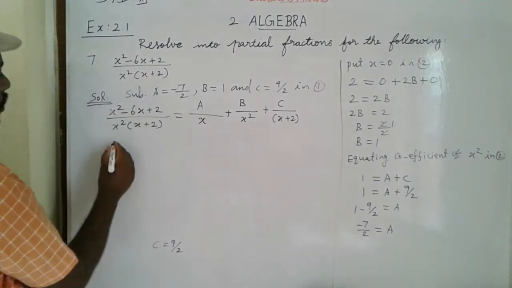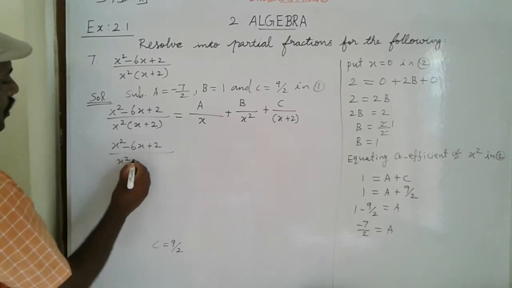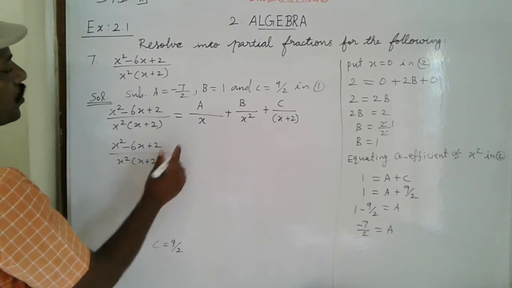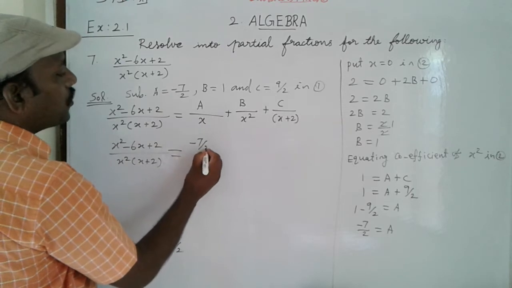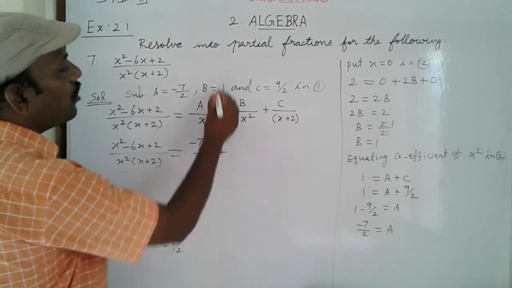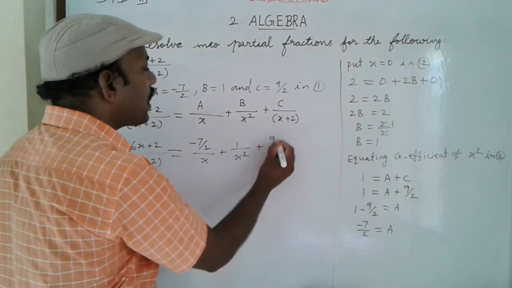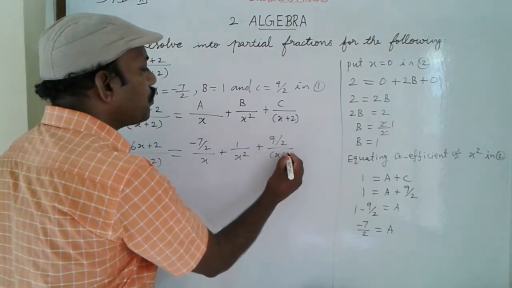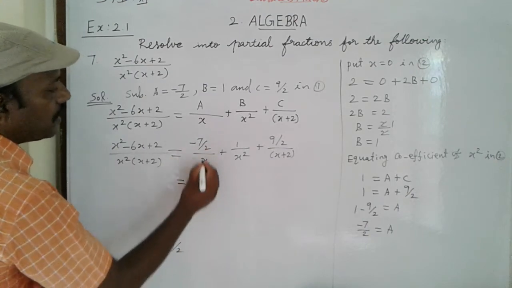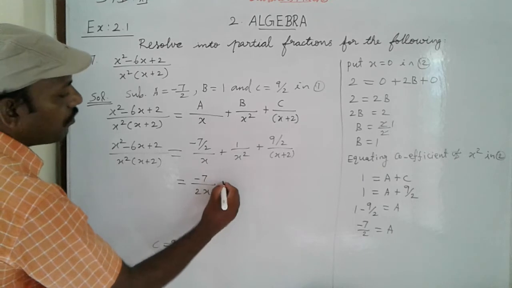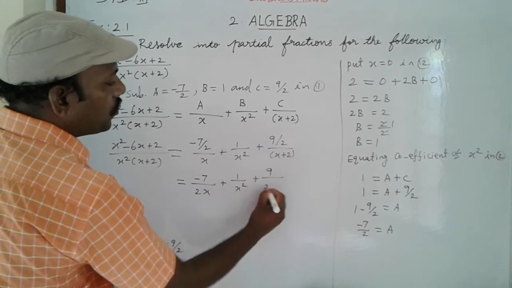So (x² − 6x + 2) divided by x²(x + 2) equals −7 by 2 divided by x, plus 1 divided by x², plus 9 by 2 divided by (x + 2). So we write it as −7 divided by 2x, plus 1 divided by x², plus 9 divided by 2(x + 2).